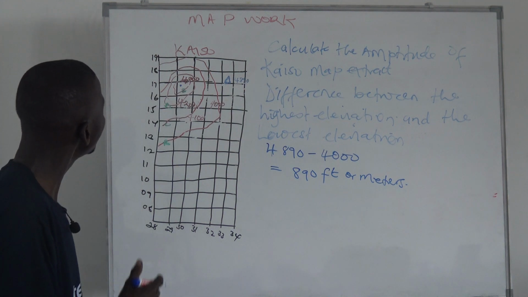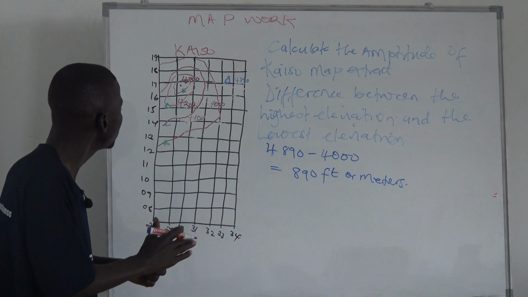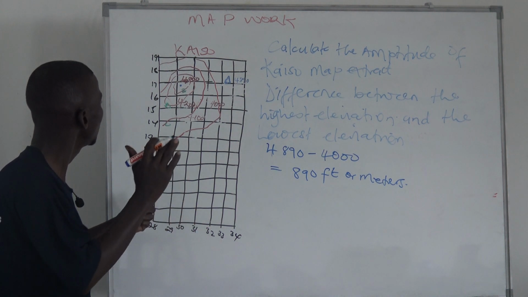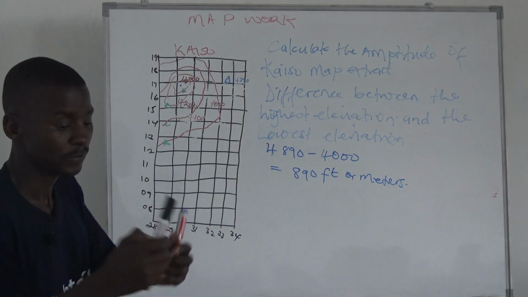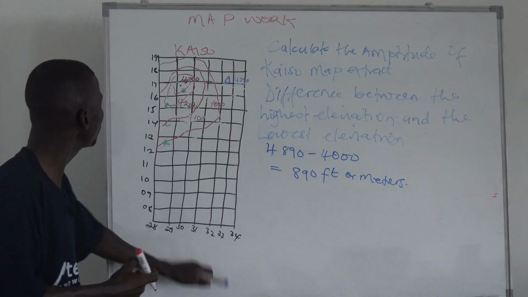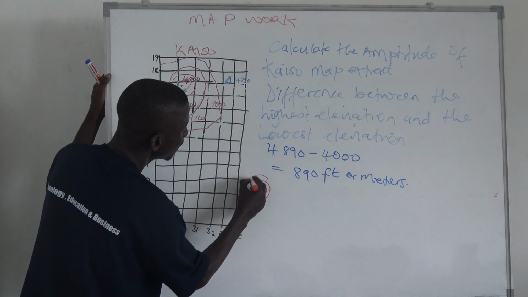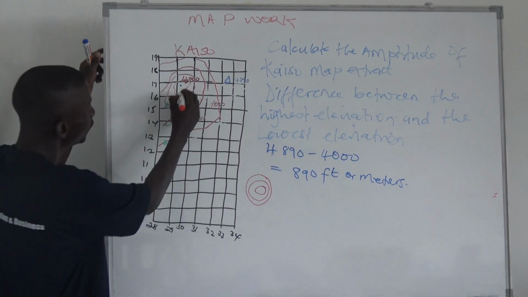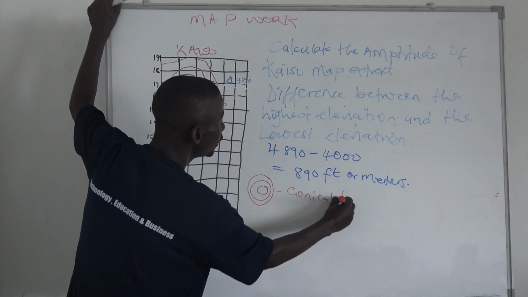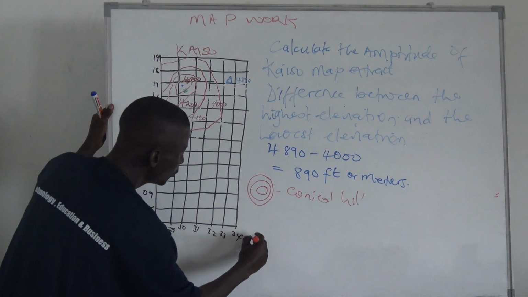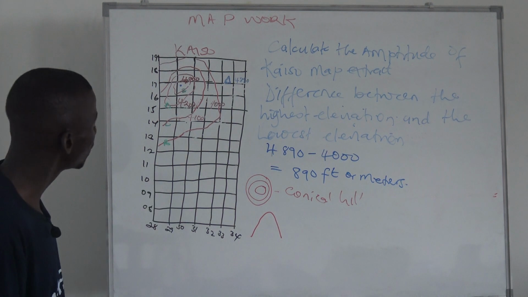The shape of these contours will always tell different relief features. For instance, this shape is showing something that looks like that. Like this one, of course, is referred to as a conical hill. In reality, it looks like a hill with a cone shape.